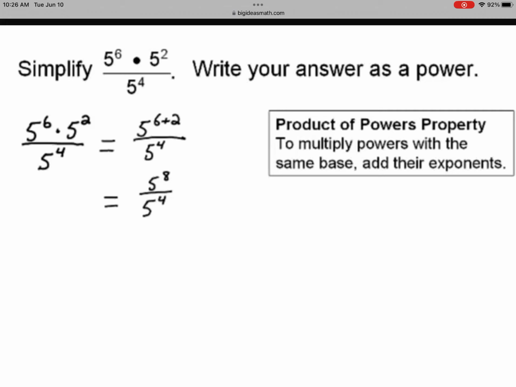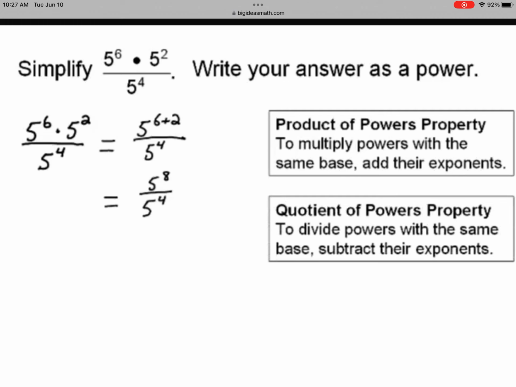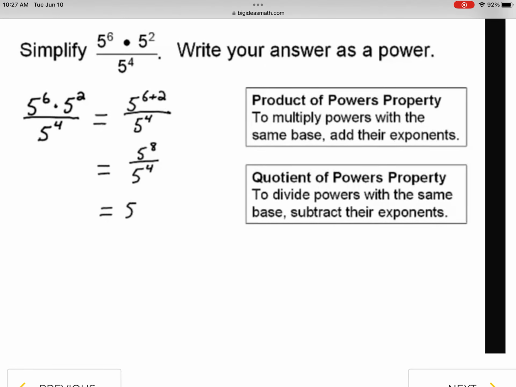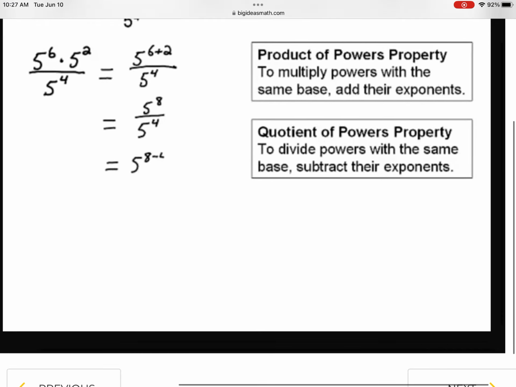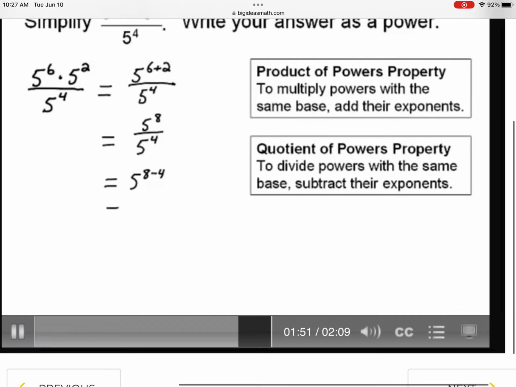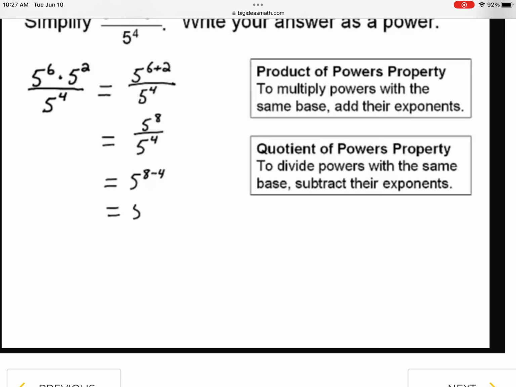Now you are dividing two powers with the same base. You can use the quotient of powers property. The quotient of powers property states that to divide powers with the same base, subtract their exponents. 5 to the 8th divided by 5 to the 4th is equal to 5 to the 8 minus 4, which is equal to 5 to the 4th.